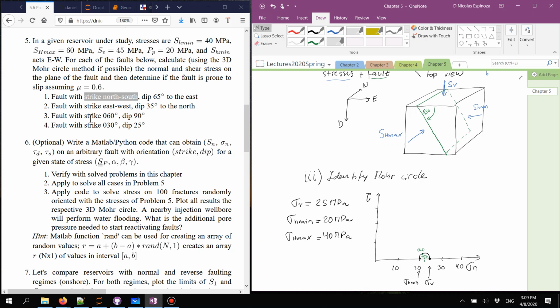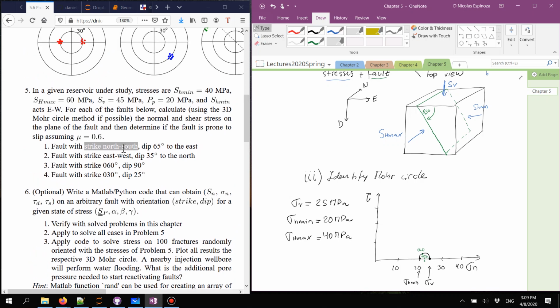for fault number 2. Fault number 2, in the same place. In sedimentary basins, sometimes we have faults in different orientations that may intersect or not, but in this case, the problem says that they are in the same place. This is another fault which strikes east-west with a dip of 35 degrees to the north.